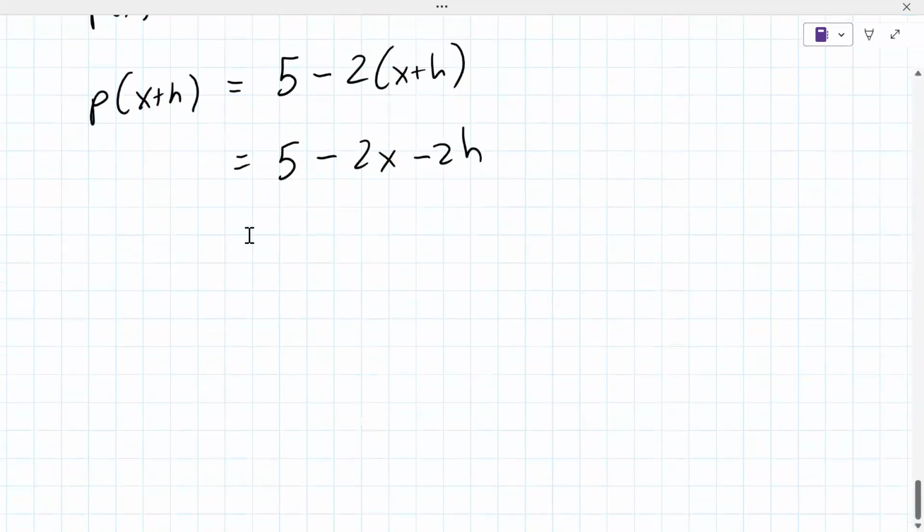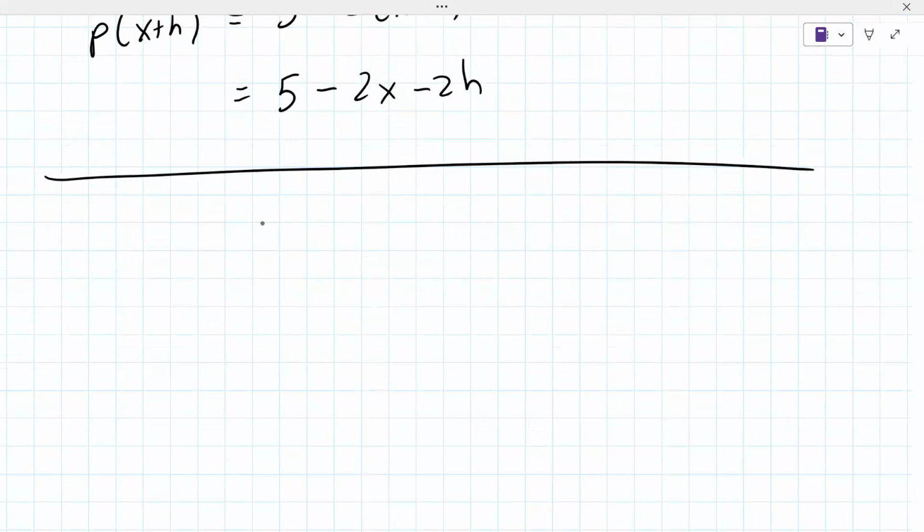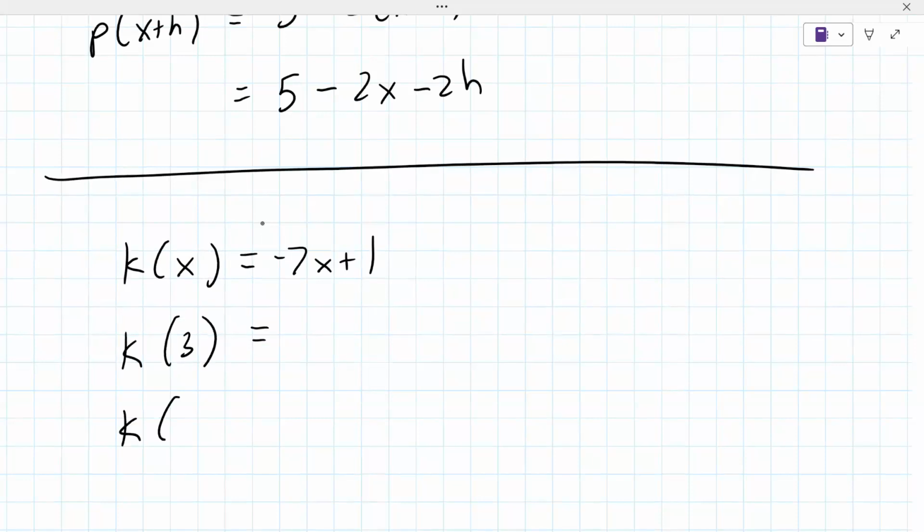So let me give you another one here. Let's say k of x equals minus 7x plus 1. I want you to find k of 3 and then k of 3 plus h. Okay.